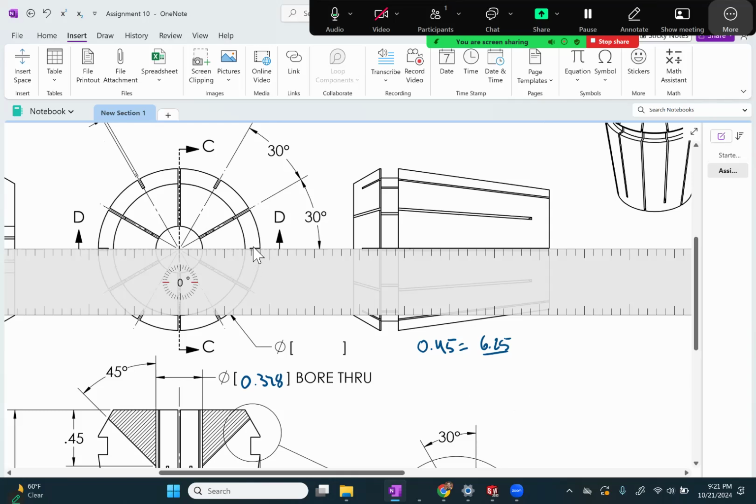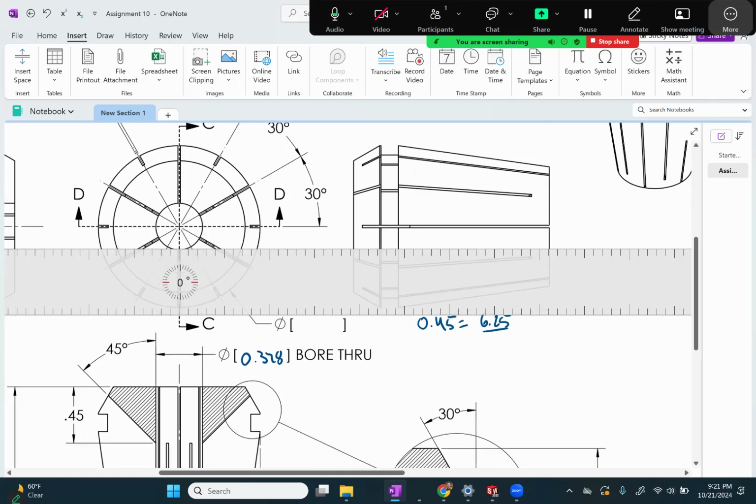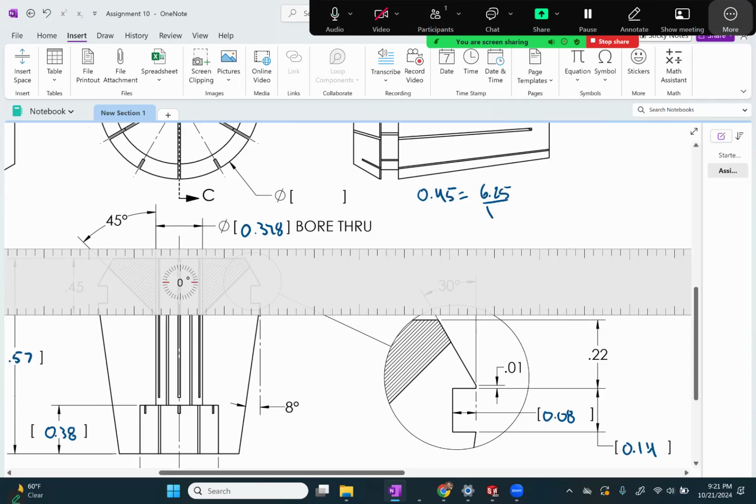The radius is 9, so we know the diameter would be 18 lines. So this number should be 18 over x. So x is equal to 0.45 times 18 all over 6.25. Do some math.